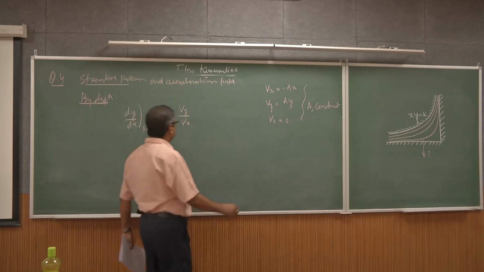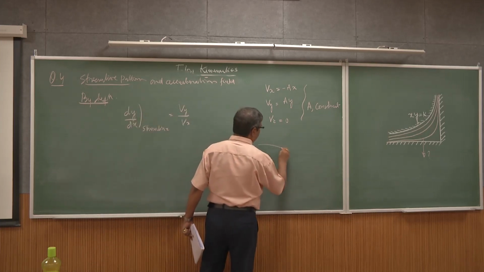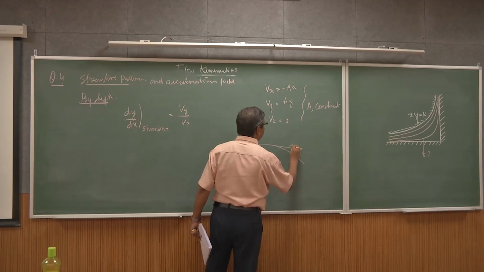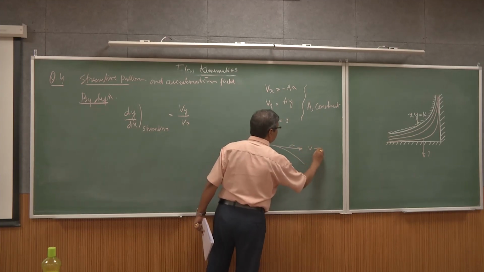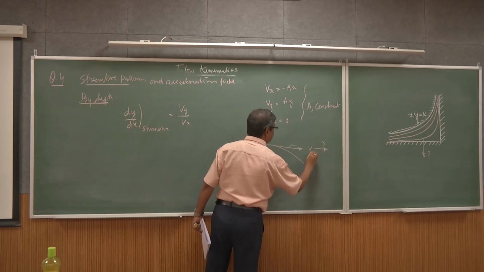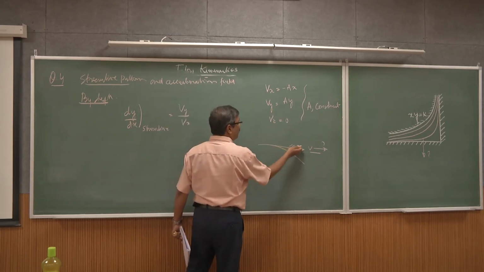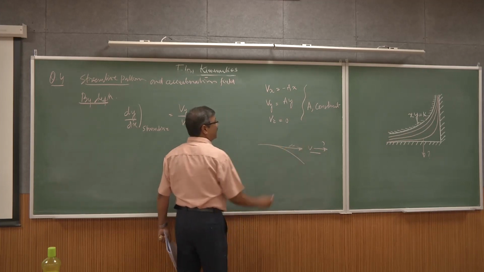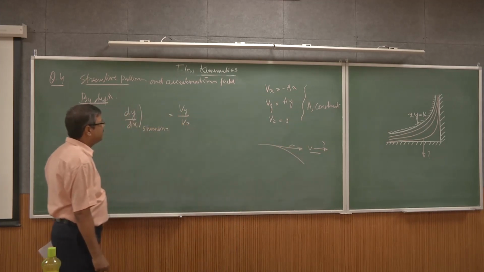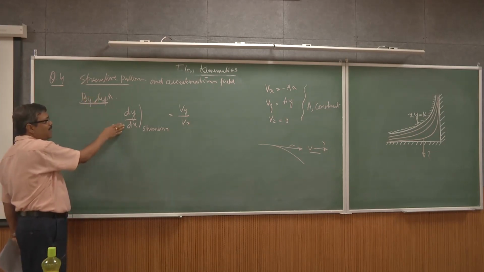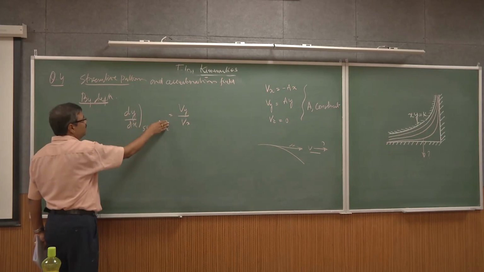As you know, when you take a tangential component of a streamline, that should indicate the velocity vector. The velocity vector at this point and the tangential component are parallel. That's the definition of the streamline, and we are defining it mathematically.